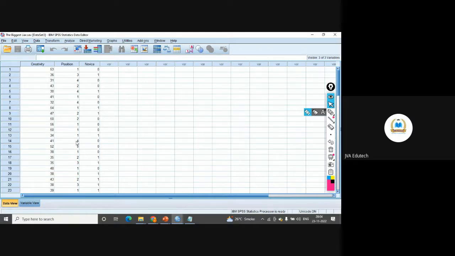Spearman should be used when every individual has an individual rank, when there is no tie between the ranks. For example, people coming first, second, third in a race. Two people cannot come first in a race, isn't it? So first, second, third, fourth, fifth, sixth, seventh, eighth, ninth, 10.